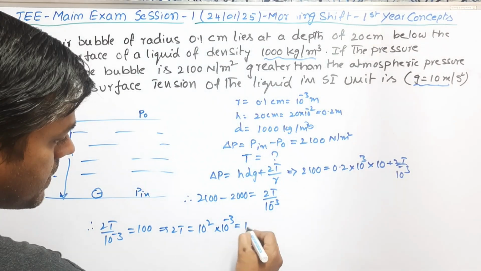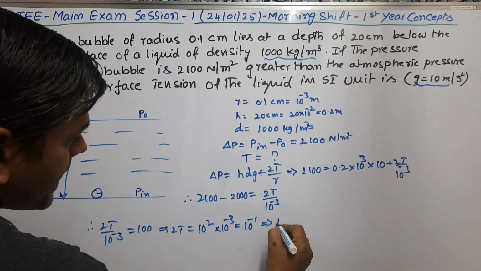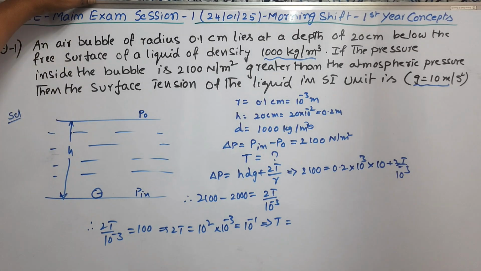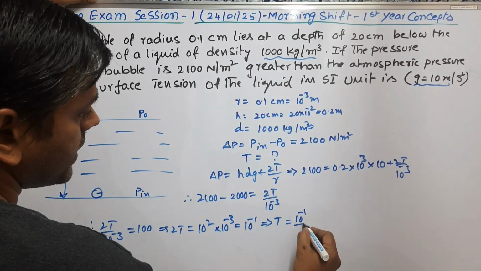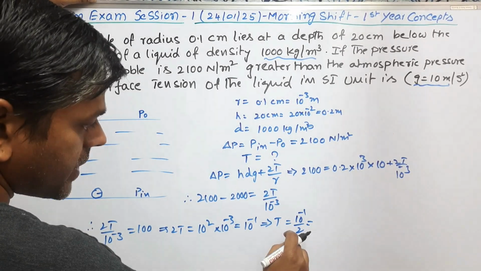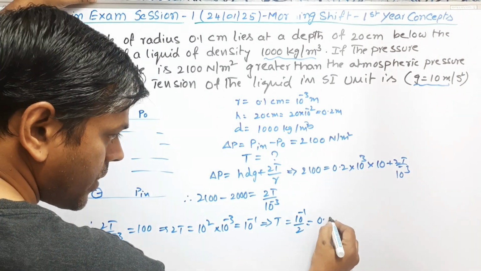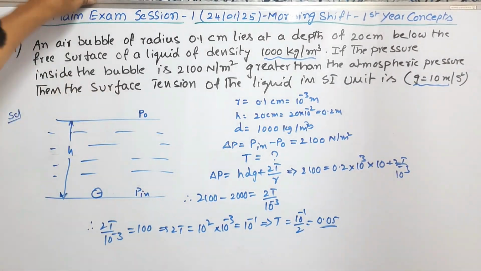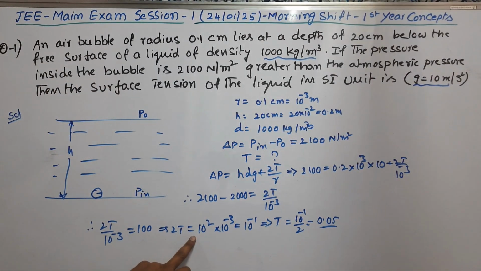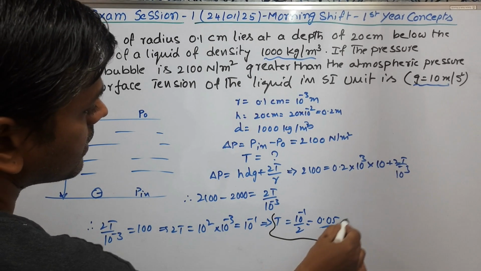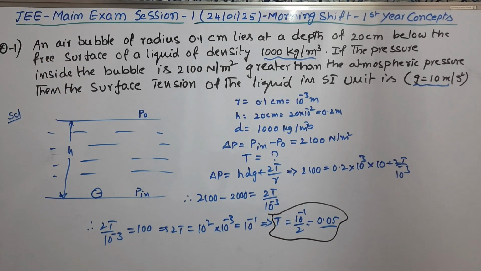That implies T is equal to 10 power minus 1 by 2, which is 0.5 into 10 power minus 1, that is 0.05. This is the surface tension of the liquid.